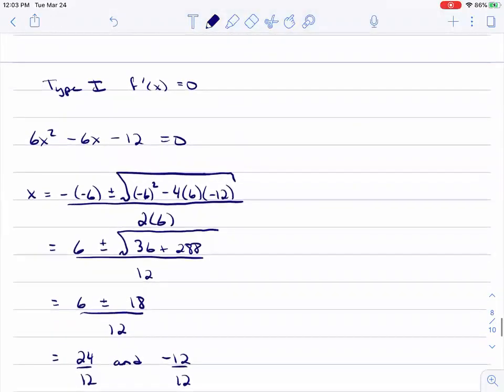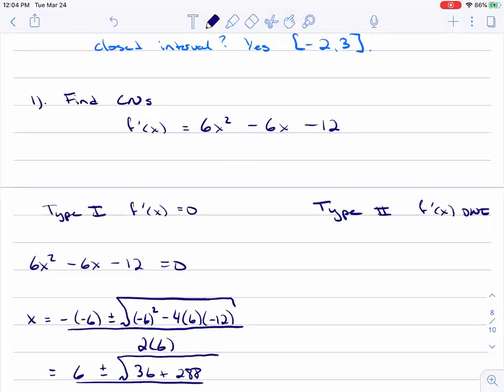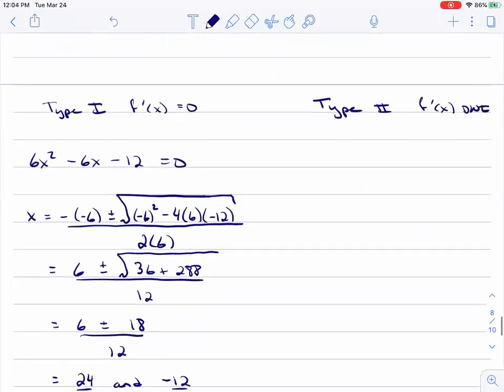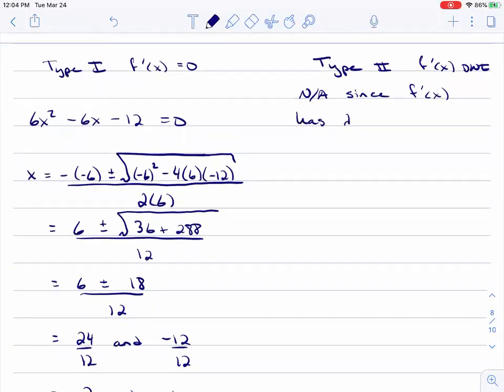Keeping it on the same page, the other type is where the derivative does not exist. Well, here there's no point, right? Polynomials are continuous, and so they're differentiable over all real numbers. And so there is no point where the derivative does not exist. So this is not applicable, since f prime of x has the domain of real numbers.